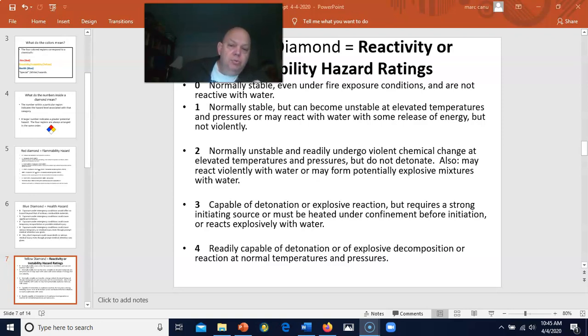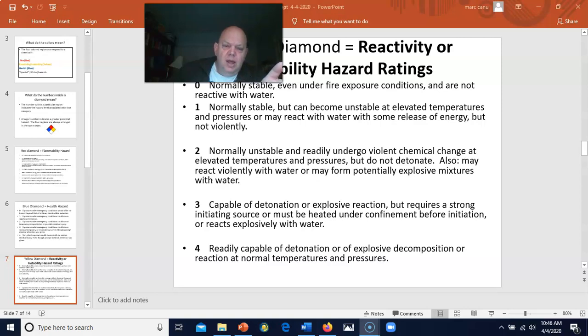Now they also put in how it reacts with water. Again, this would be useful information for the fire department, for firefighting personnel, to have an idea. Do we fight this with regular water, or do we use a special foam, or do we use carbon dioxide? That's another way of putting out a fire.